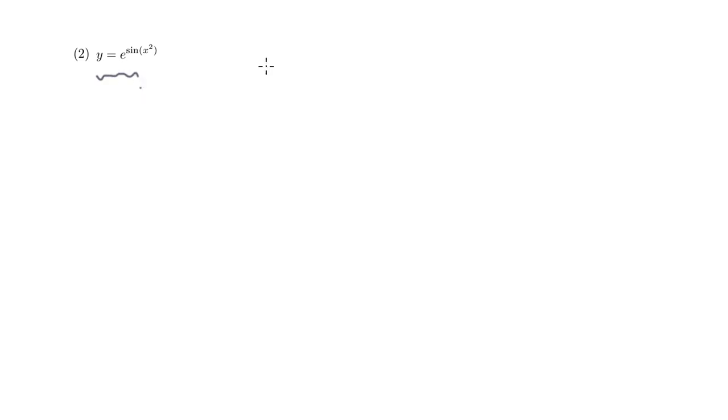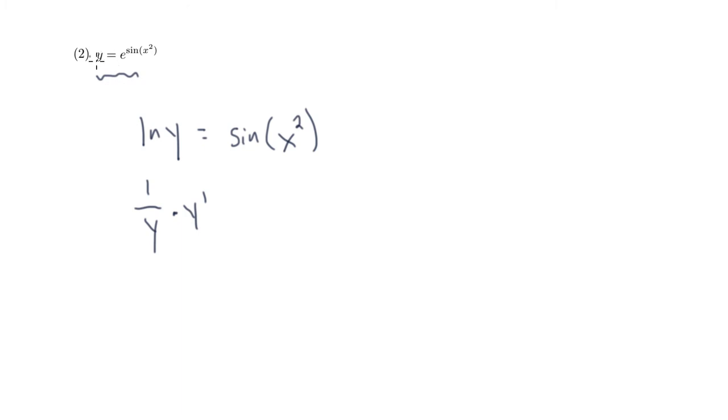Look at what happens when we take the log of both sides of this equation. We have log y is equal to, well, log of e to the sine x squared. The log and the e cancel, so we're just left with sine x squared. So that actually killed the composition of e and sine of x squared. So now if we differentiate, we get 1 over y times y prime.